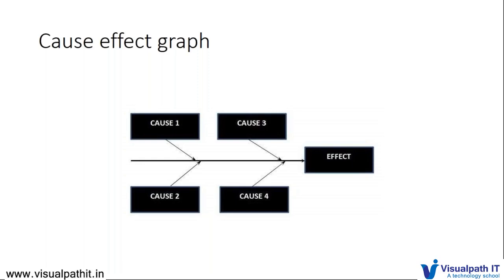Because of all these causes, what is the effect on the application or the output, how is it affecting the application, what is this effect. So cause, effect: what all the causes should be taken care of, and what is the effect. That is a cause effect diagram.